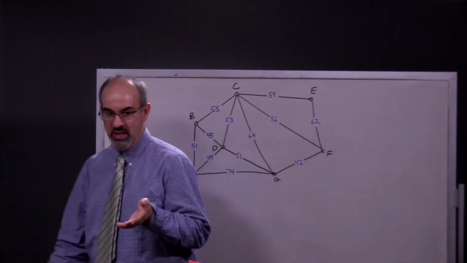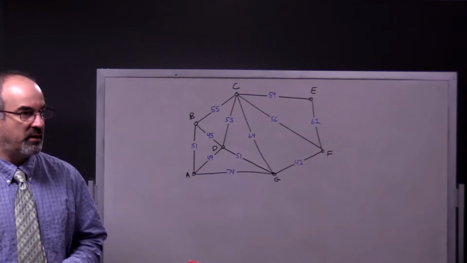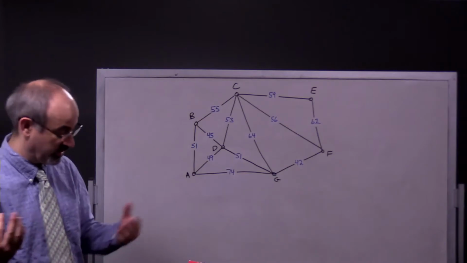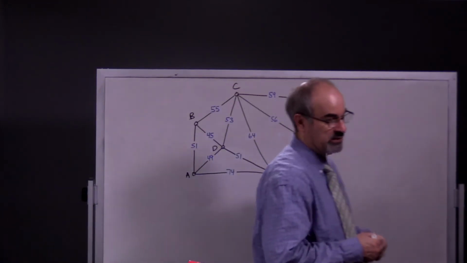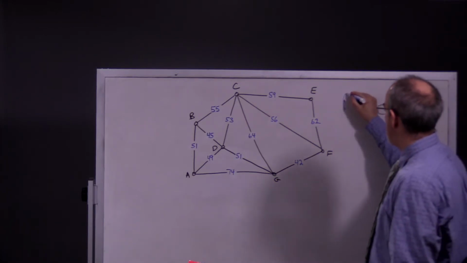In other words, different trees could have the same weight, and a tree with a weight of 200 there could be another tree with the same weight, and let's say that's the minimum. So there can be more than one answer to minimum and maximum spanning tree, but let's just find what the redundancy is.